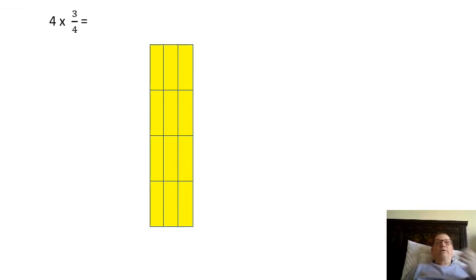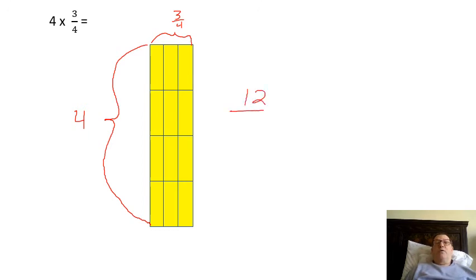Our next example, this time we have a whole number times a fraction. Let's see how that works. So here I actually have 4, and I have 3/4 here. So 4 times 3/4. And I can see if I were to count by 3/4, that'd be 3, 6, 9, that's 12 quarters.